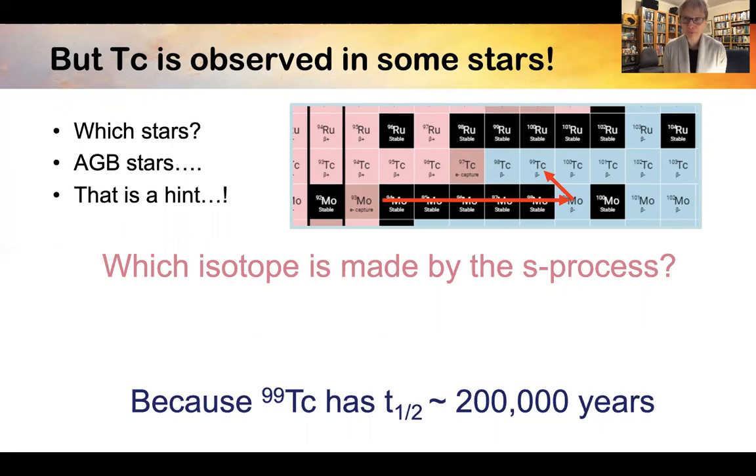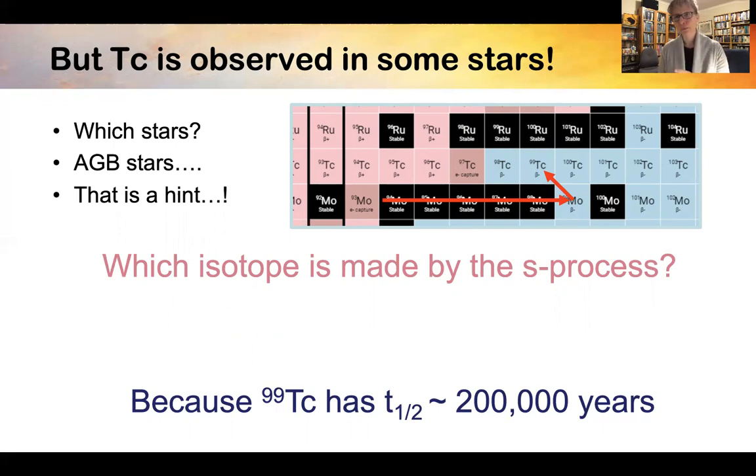How? Where did it come from? This is a real hint for nucleosynthesis. It turns out that the stars that have technetium in their atmospheres are AGB stars. They are past core hydrogen and helium burning, and they're on the asymptotic giant branch. So this is a huge hint. Now, which isotope is made by the S process?